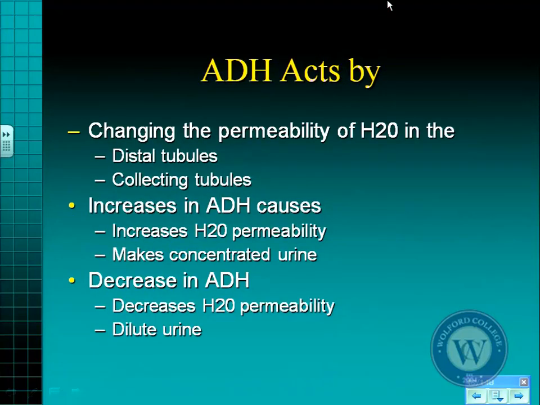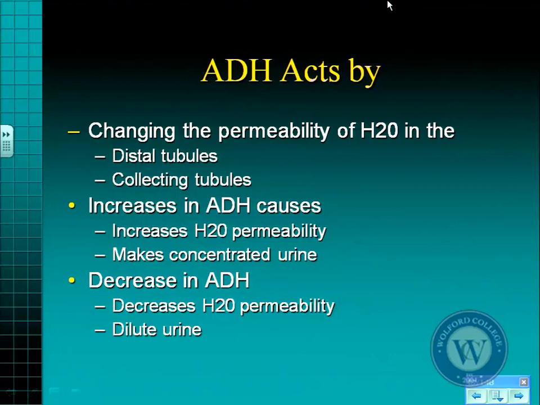ADH acts by changing the permeability to water in the distal and collecting tubules. An increase in ADH causes an increase in water permeability, and it causes a much more concentrated urine. Now, please pay attention to the wording here, because every time somebody does not do that, they will get caught in the test. Make sure that you get the wording right.